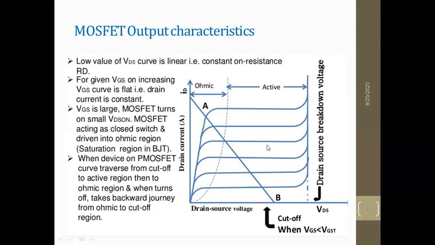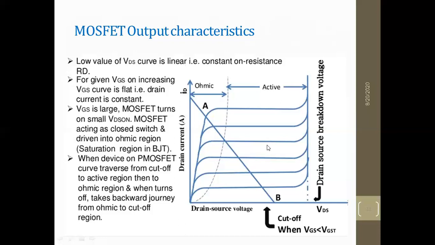But the enhancement type MOSFETs respond to a positive gate voltage only. That is the difference between depletion type and enhancement type MOSFETs. Depletion type MOSFETs, with either a positive forward voltage or a reverse voltage applied between gate and source, will still be in the turn on condition.